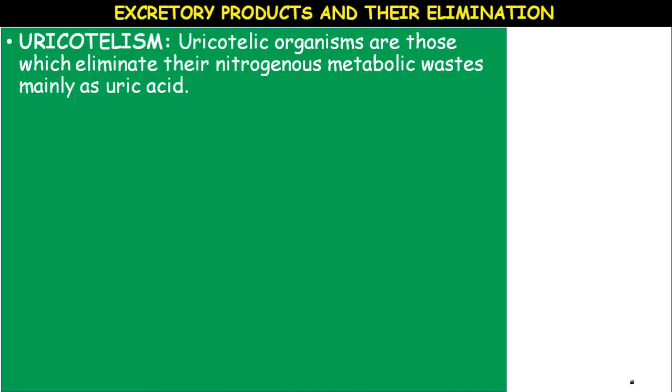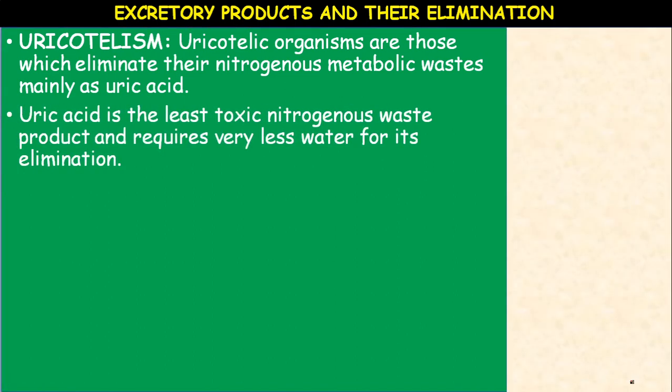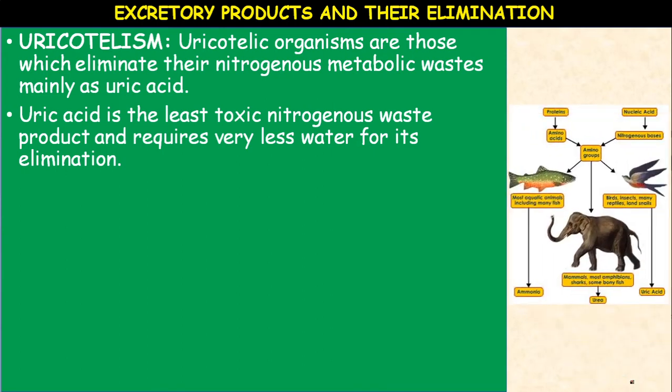Next, uricotelism. Uricotelic organisms are those which eliminate their nitrogenous metabolic waste mainly as uric acid. Uric acid is the least toxic nitrogenous waste product and requires very little water for its elimination.